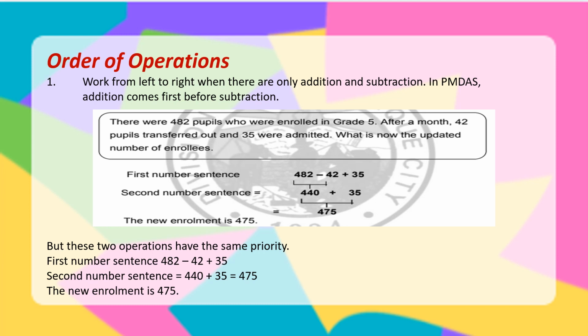And then, for the next number sentence, 440 will be the result from the difference of 482 and 42, plus 35 for the admitted. So, what is left now is the sum of 440 and 35, which is 475. So it means the new enrollment is 475.